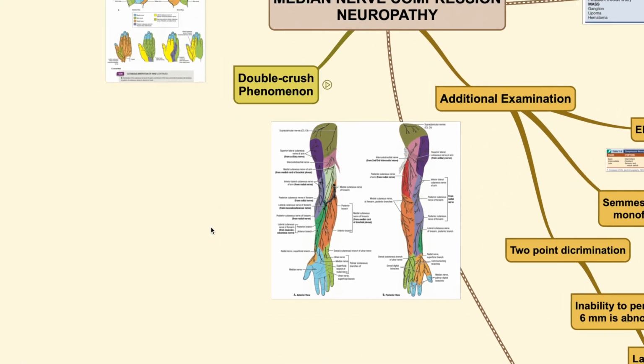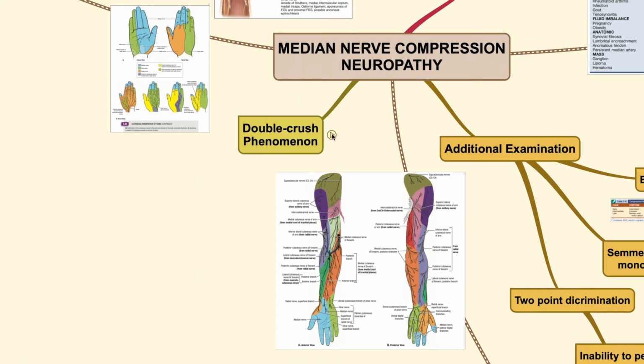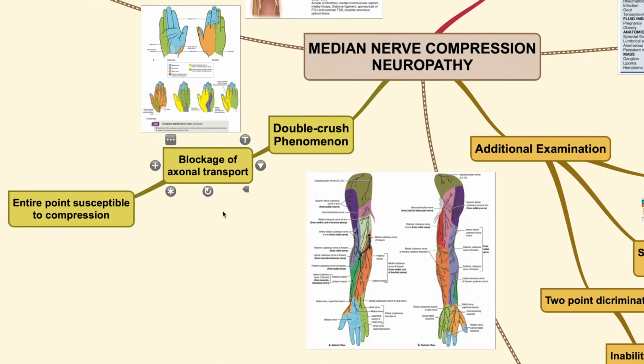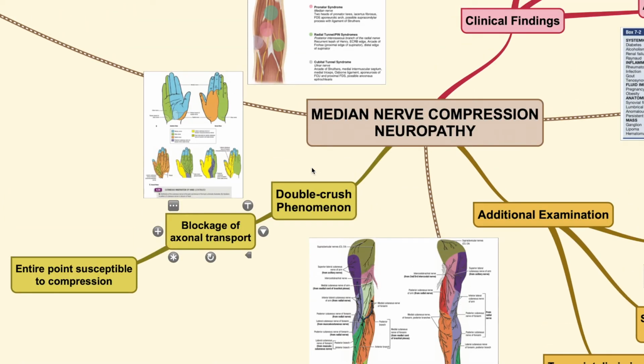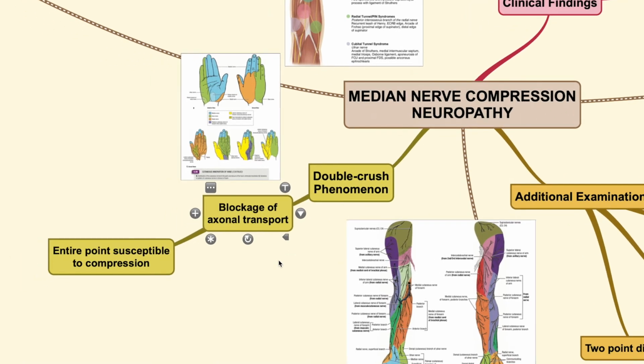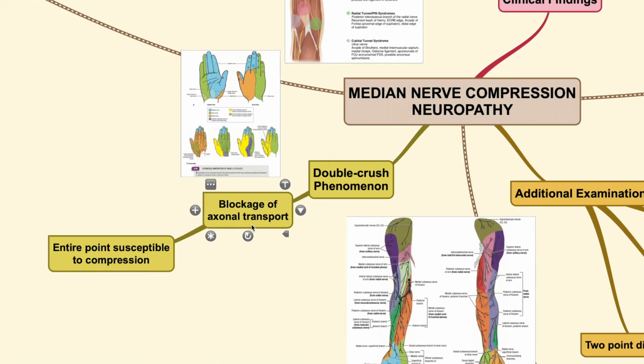Now, moving on, there is also a terminology that you need to get yourself familiar with, and that is called the double crush phenomenon. We call it a double crush phenomenon because it's a crushing type of force that goes onto the nerve, and it happens at 2 different sites, or double. You need to know that the nerve also has what we call axonal transport.